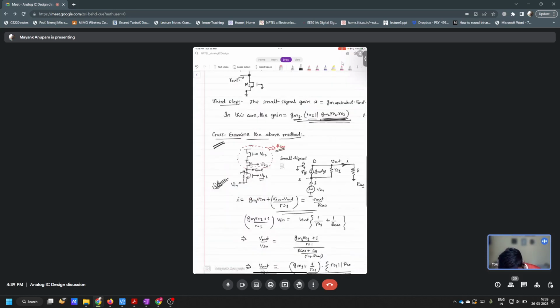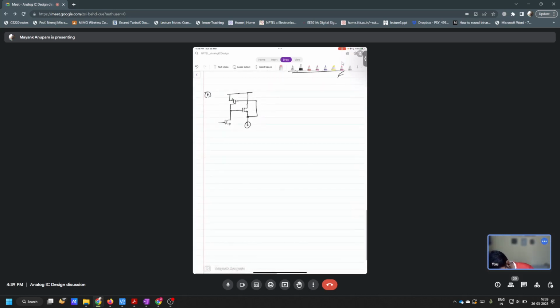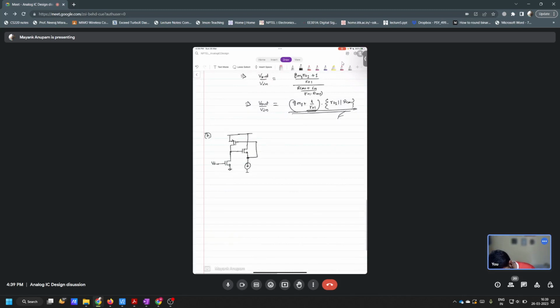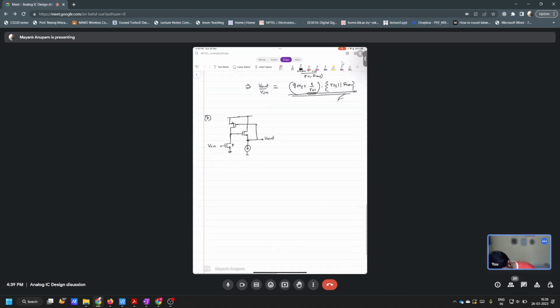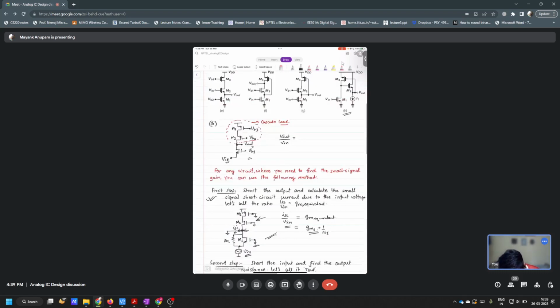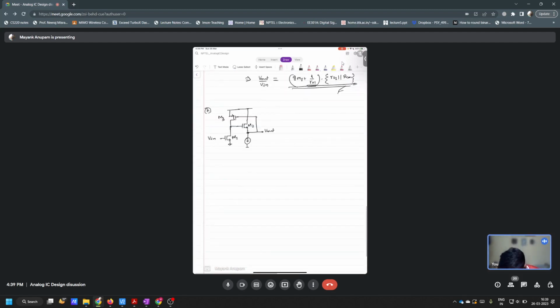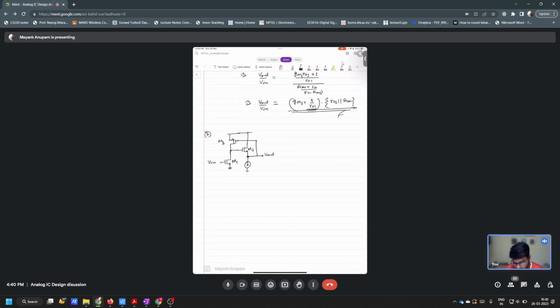This is a current source. We have this input here. This is M2 and this is M3. Instead of me doing it, I will ask you to do it. Tell me, how will you do it?